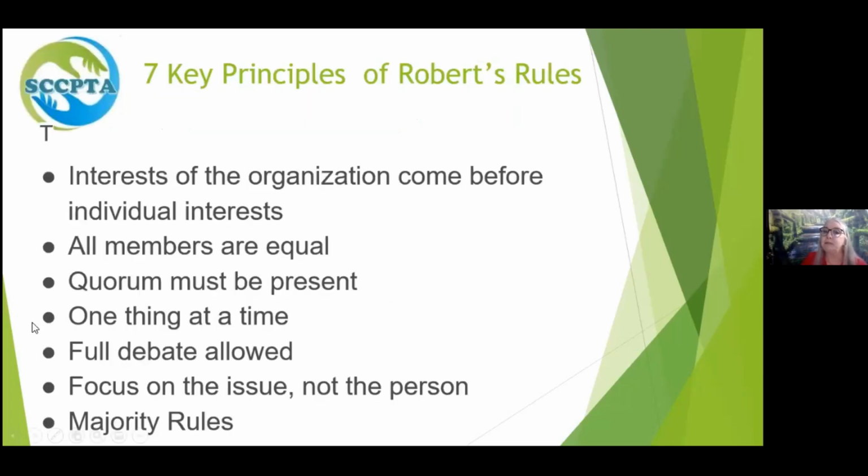So the key principles with Robert's Rules of Order are the interest of the organization comes before the individual interest. In PTA, we have lots of resolutions that have been passed, they can be at the county level, but definitely at the state and national level. Once PTA has passed a resolution on something, you speak to that because that's the interest of the organization.